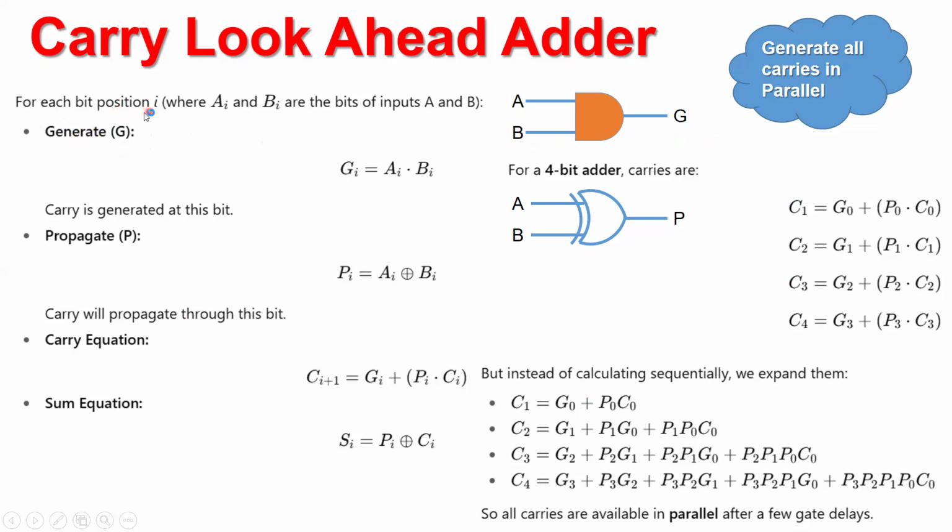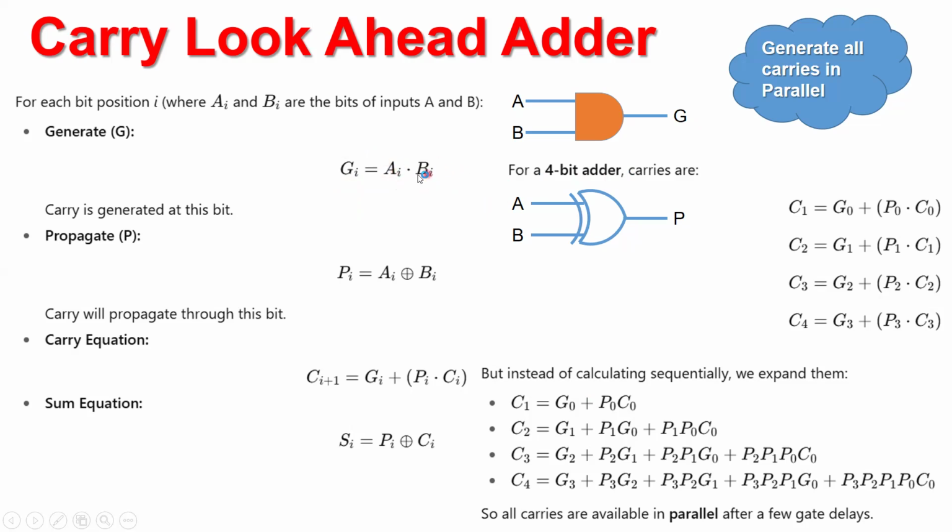For each bit position, where Ai and Bi are the bits of inputs A and B, you generate this logic, Gi equal to Ai AND Bi. So you have G naught equal to A naught AND B naught, G1 equal to A1 AND B1, and so on. For 4-bit, you have G3 equal to A3 AND B3.